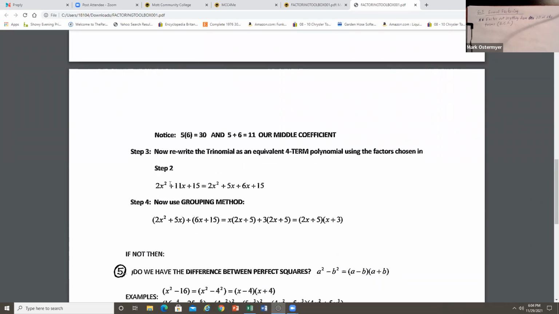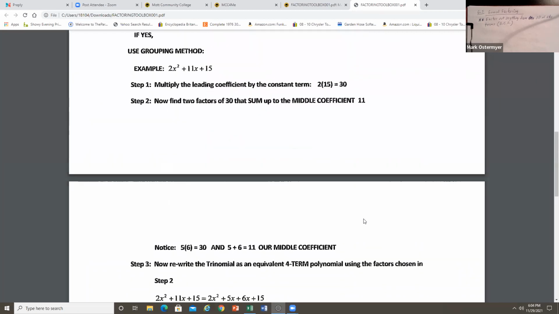Now we rewrite our trinomial as an equivalent 4-term polynomial where the middle term, 11x, gets rewritten as the sum of 5x and 6x. We now have an equivalent 4-termer. We then group first and last two terms and then factor it from there. And we get our factorization of that difficult trinomial to be 2x plus 5 times x plus 3.